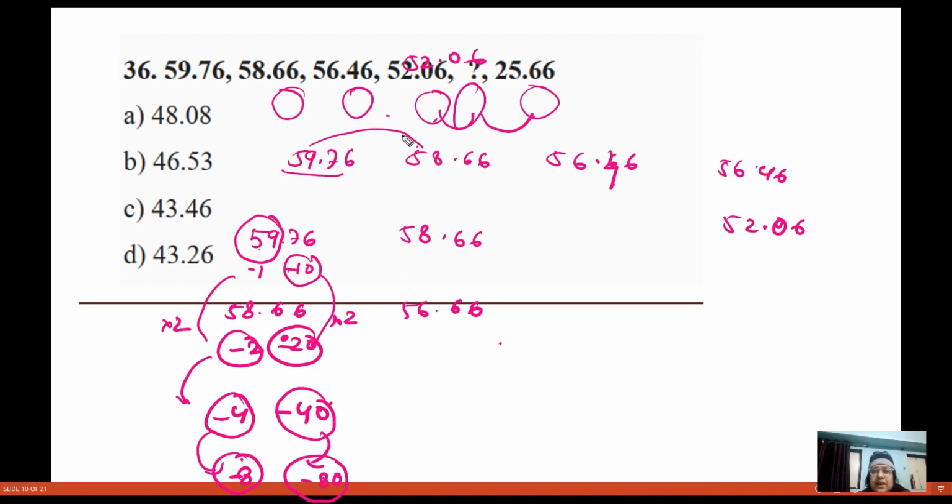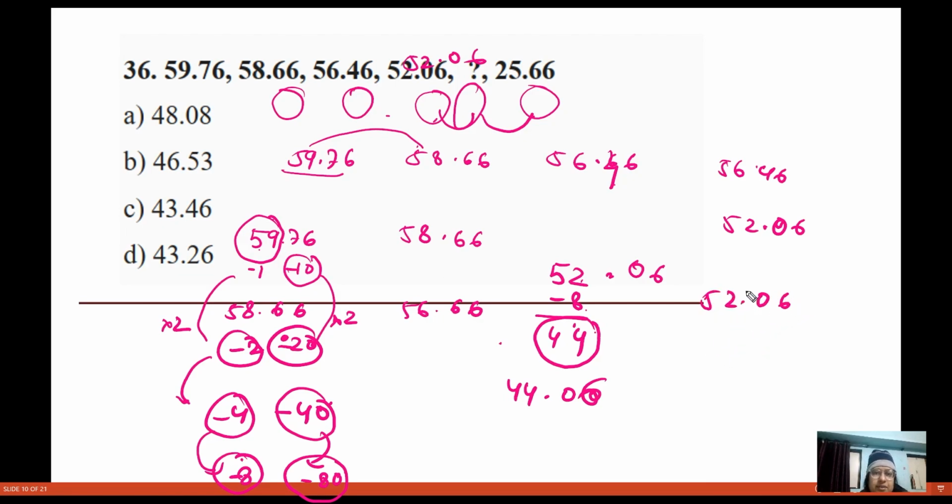So 52 minus 8 is going to be 44. Okay, this is going to be 44. Fine. But we have our decimal as well, and this is how much? 0.06, and we have to subtract 80. So how much do we have to subtract, or you can do this thing directly.